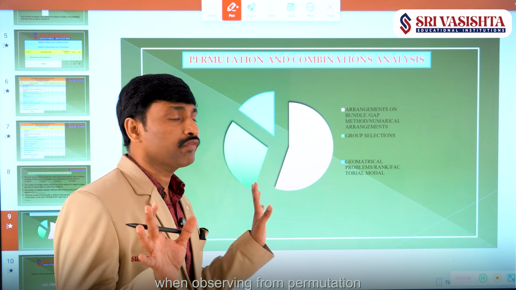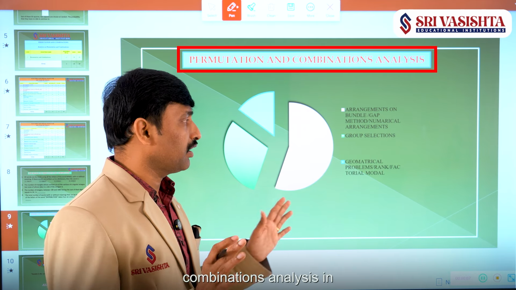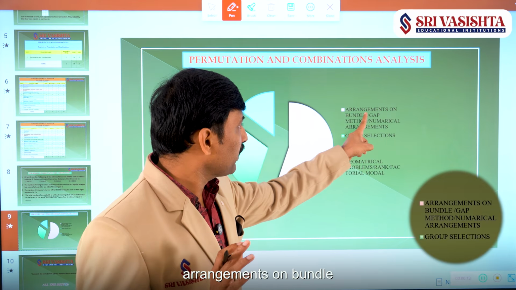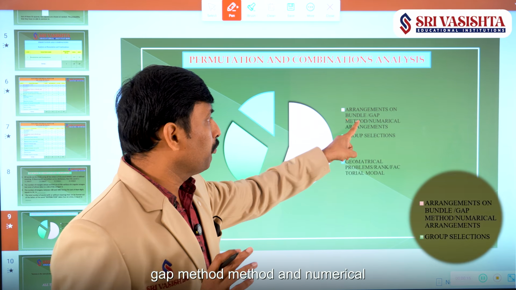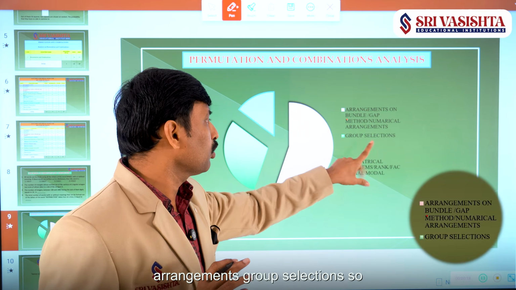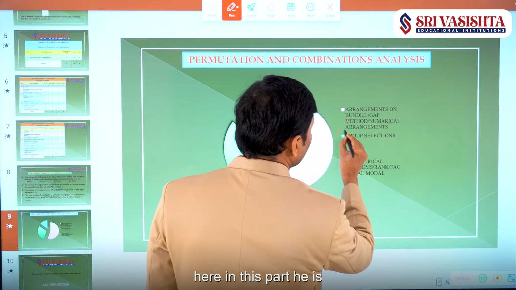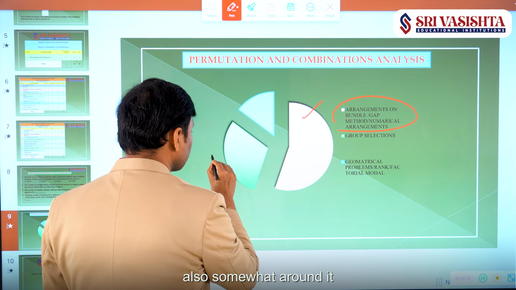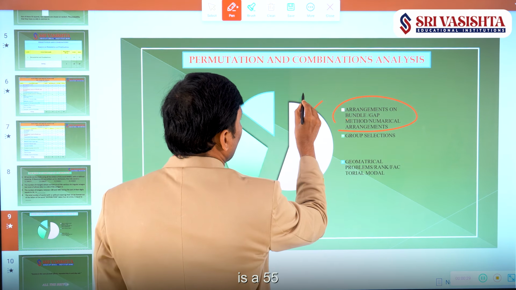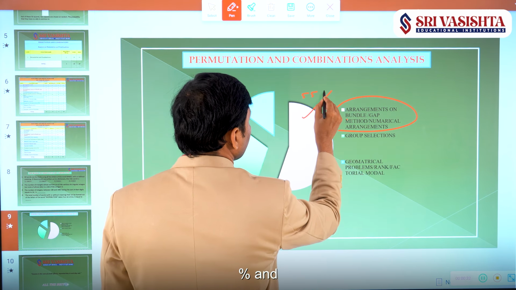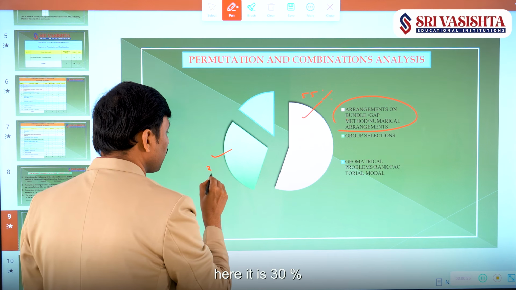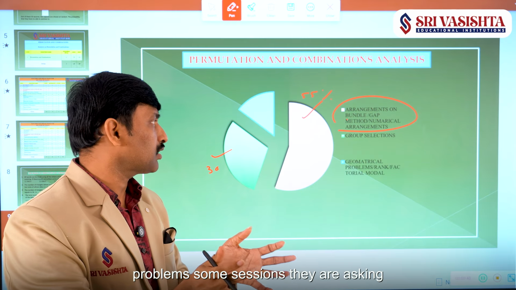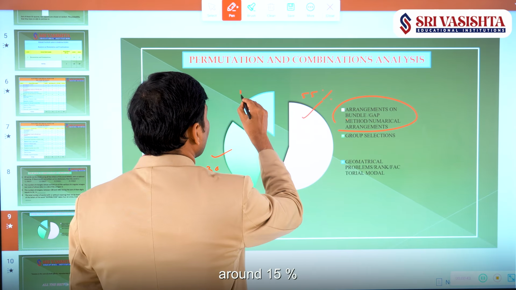Observing the permutations and combinations analysis, out of 100%, almost 55% is arrangements on the bundle and gap method and numerical arrangements, around 30% is group selections, and the remaining geometrical problems, which some sessions ask, are around 15%.